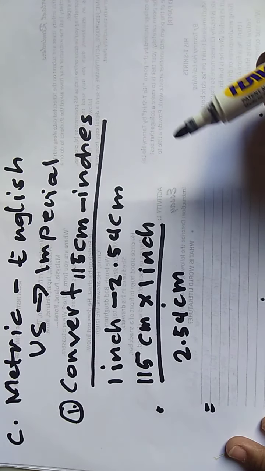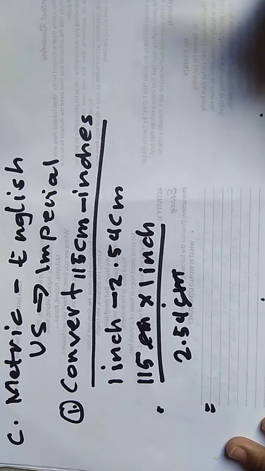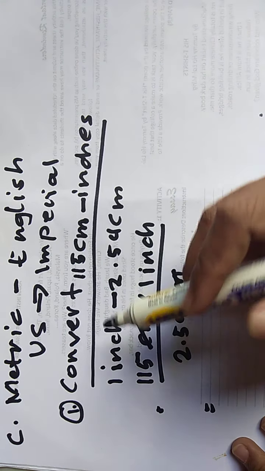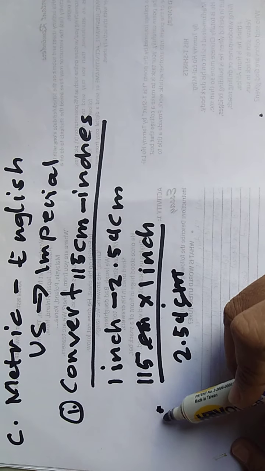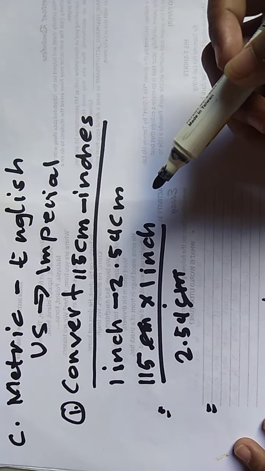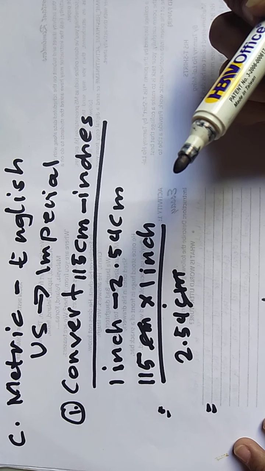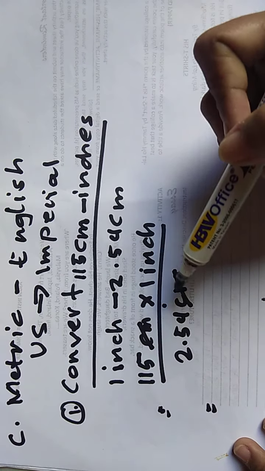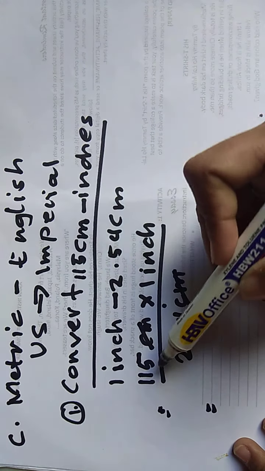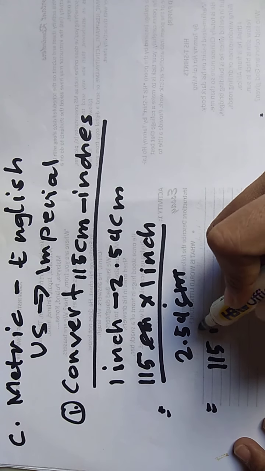So, let's cancel the same unit. Then, let's proceed with the operation. So, by the way, the operation that you're going to use is multiplication and division. Okay? So, nakikita naman siya dito sa video. So, 115 times 1 inch is 115 inch.